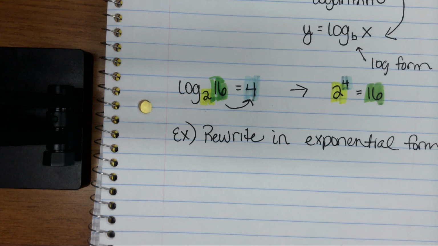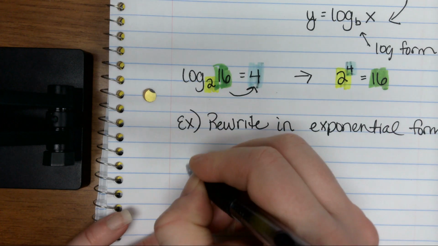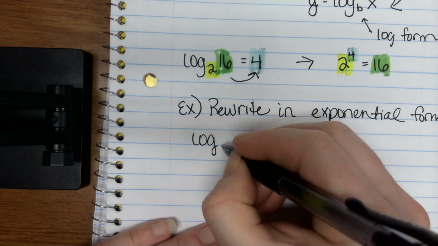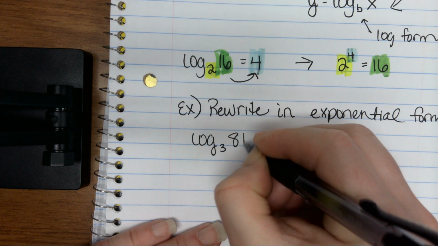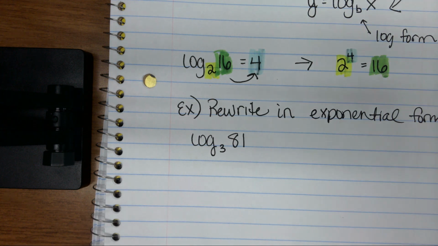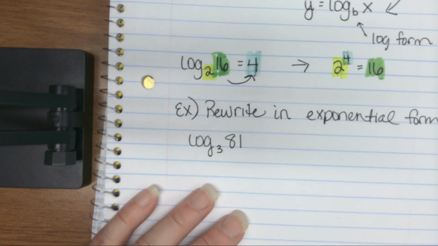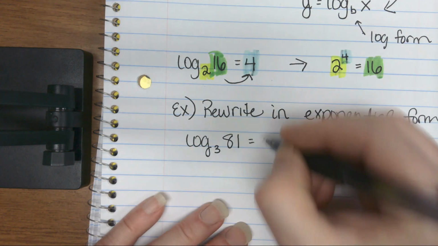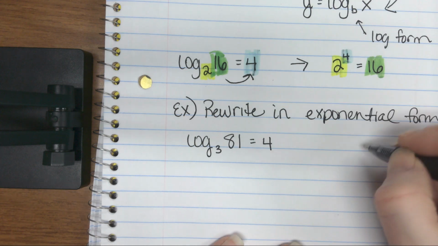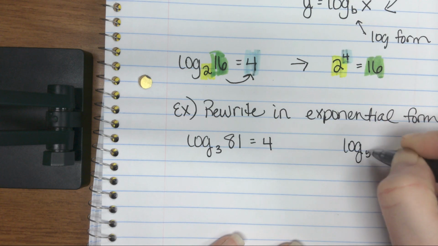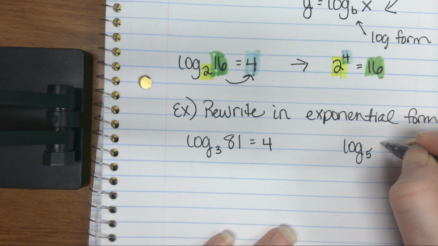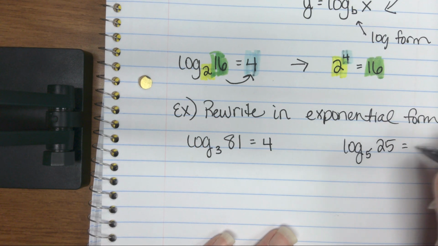Okay, so how about if I had, we're going to do log base 3 of 81 equals 4. We're going to say log base 5 of 25 equals 2.